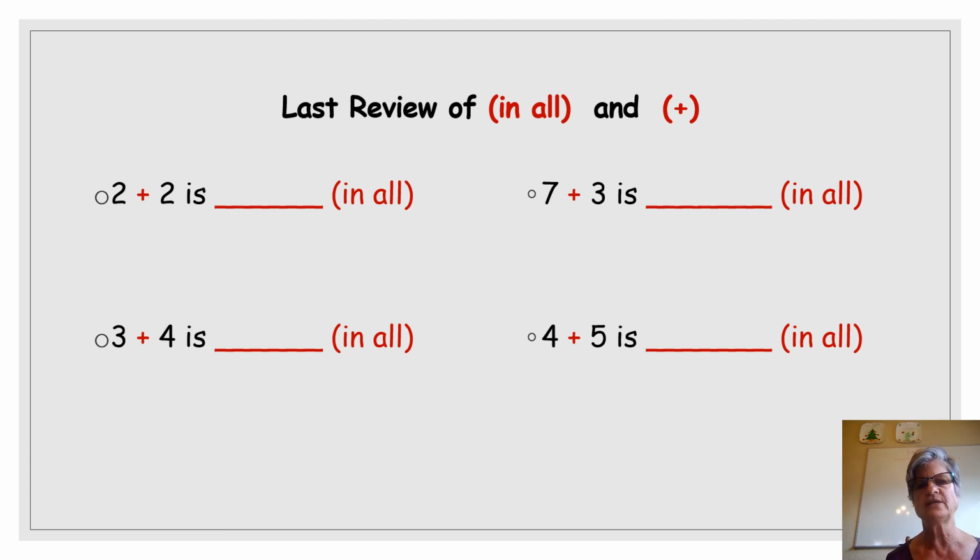Now let's go to the top right column, and you will see the top problem, which says 7 plus 3 is blank. Again, take a crayon, draw 7 small objects on a piece of paper.